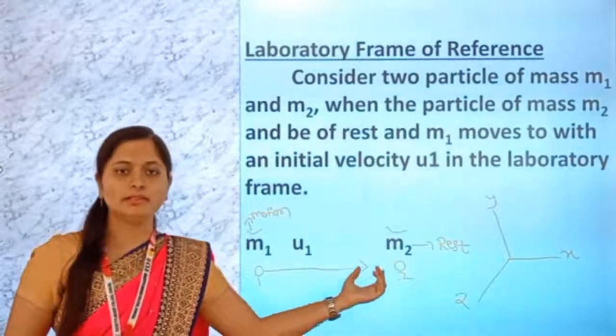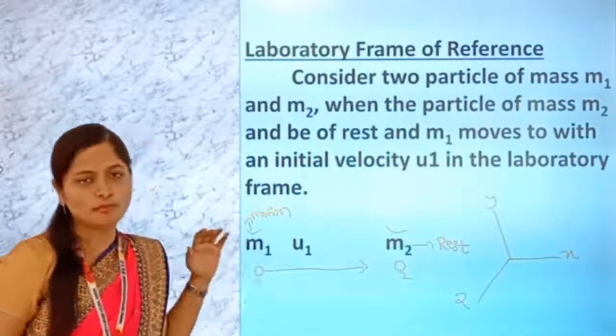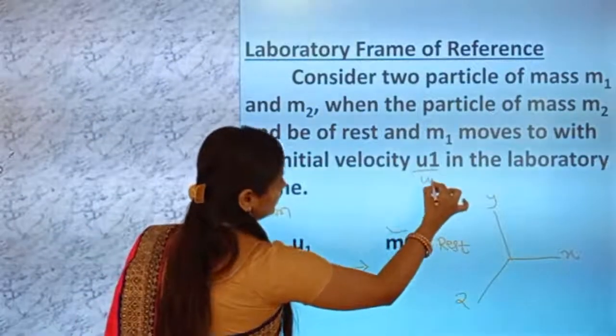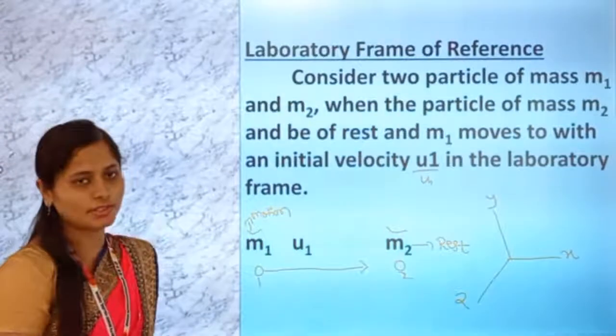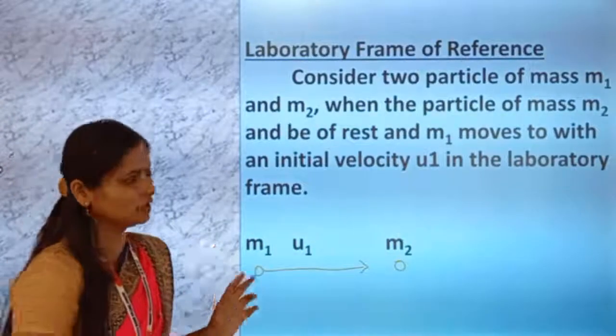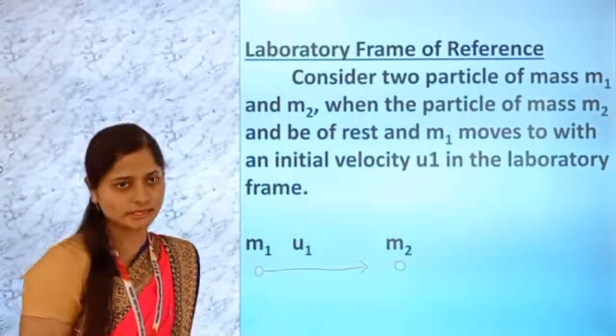The particle of mass m2 is at rest, and m1 is moving with an initial velocity u1. Understood? This is the explanation of this diagram.